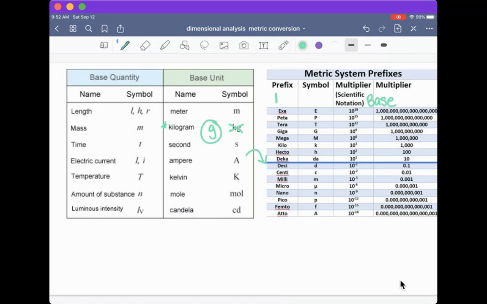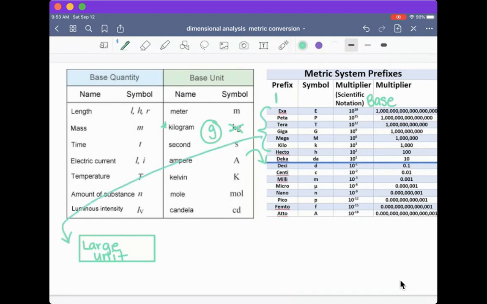So I'm going to draw right here a little map to help explain how we set up these systems. In order to go from any prefix into any other prefix, you must also first go through the base unit. So I'm going to draw this little chart here. I've got a square. This is going to represent my large units.